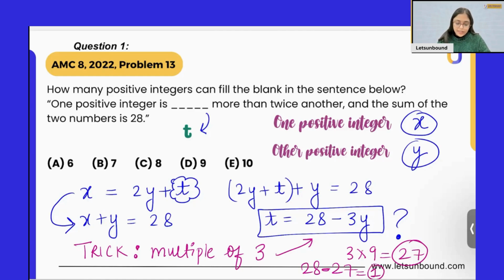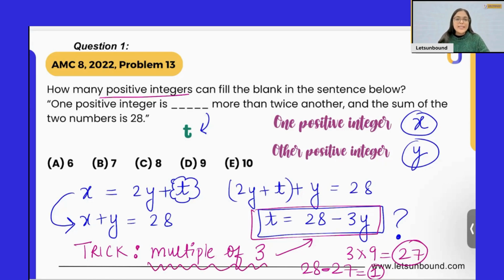We need positive integers, right? So that means 9 integers are possible, which is going to keep this expression true. So when you put y equal 1, 2 up till 9, that will give you a positive integer. So we just thought of the closest multiple of 3, and that was 27.